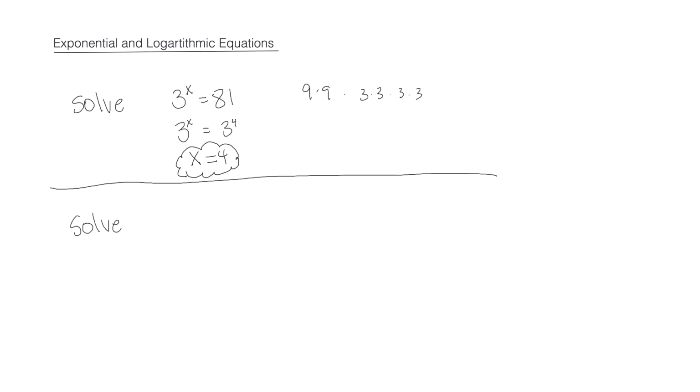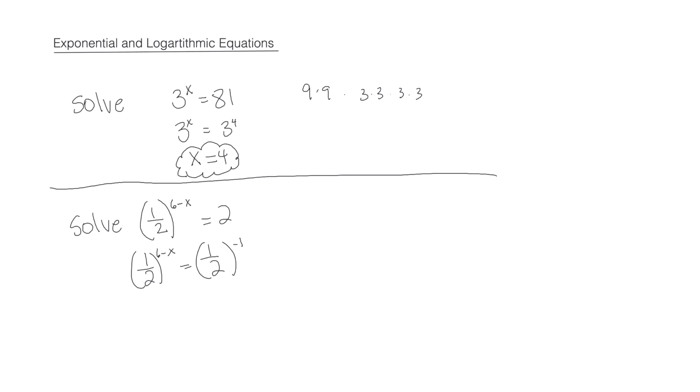Solve 1/2 to the power 6 minus x equals 2. I will try to rewrite this with the base being 1/2. So 1/2 to the 6 minus x equals 1/2 to the minus 1.